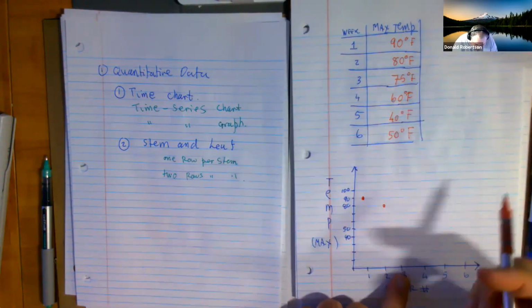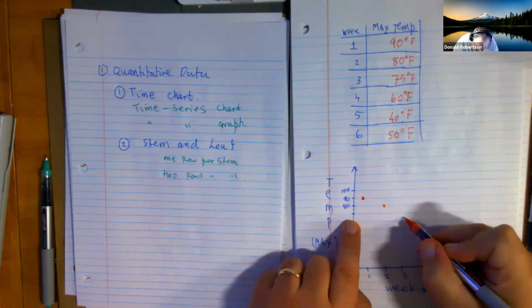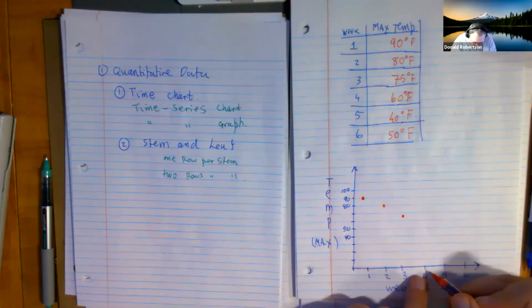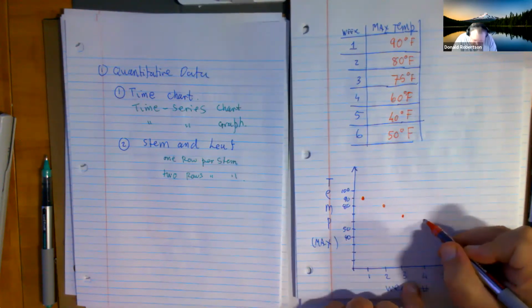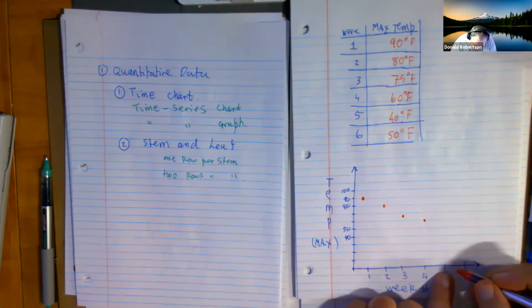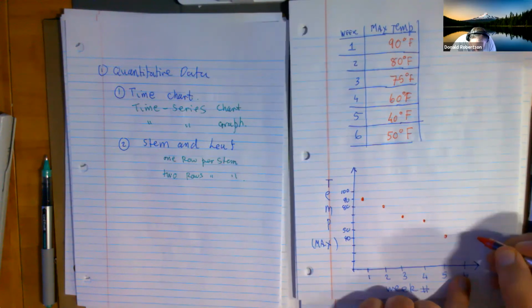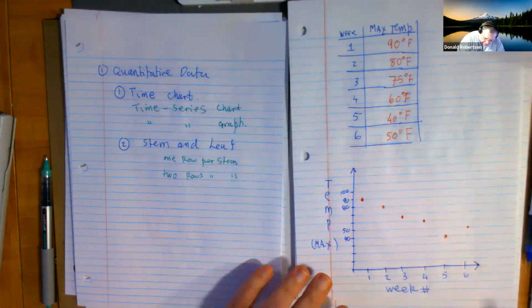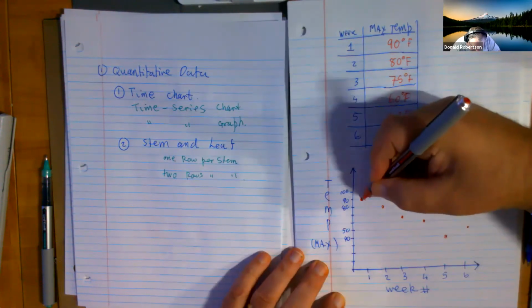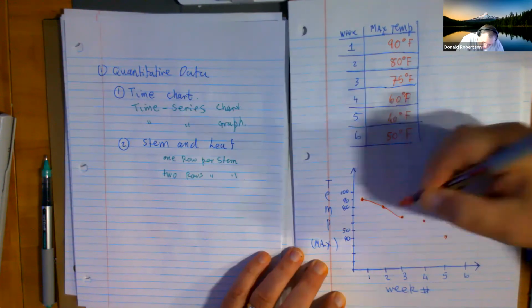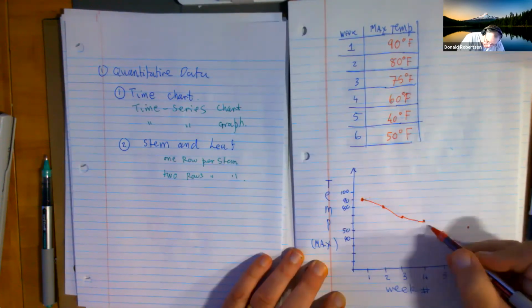At week 3, you do 75, which is about here. In week 4, you do 60, which is here. In week 5, you do 40, which is here. And in week 6, you do 50, which is here. And then you basically, you try the best you can to just join the dots up.